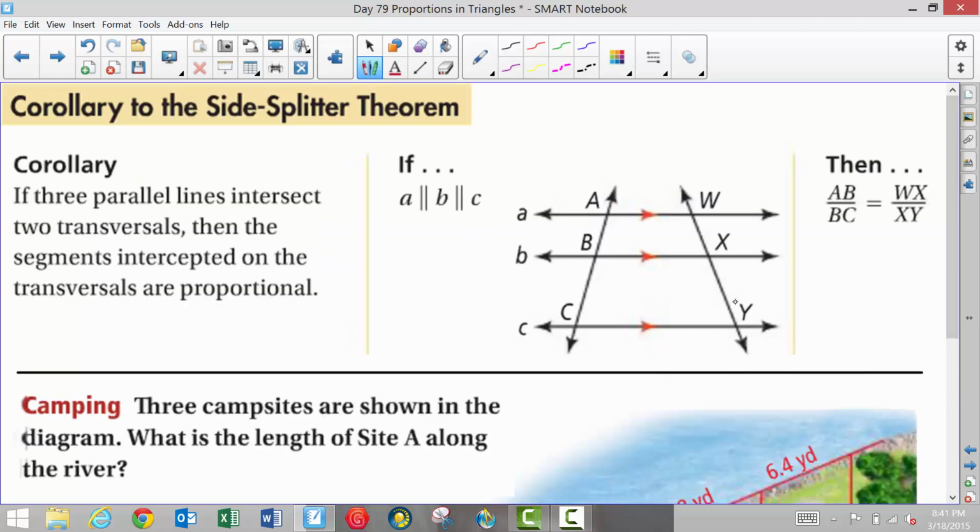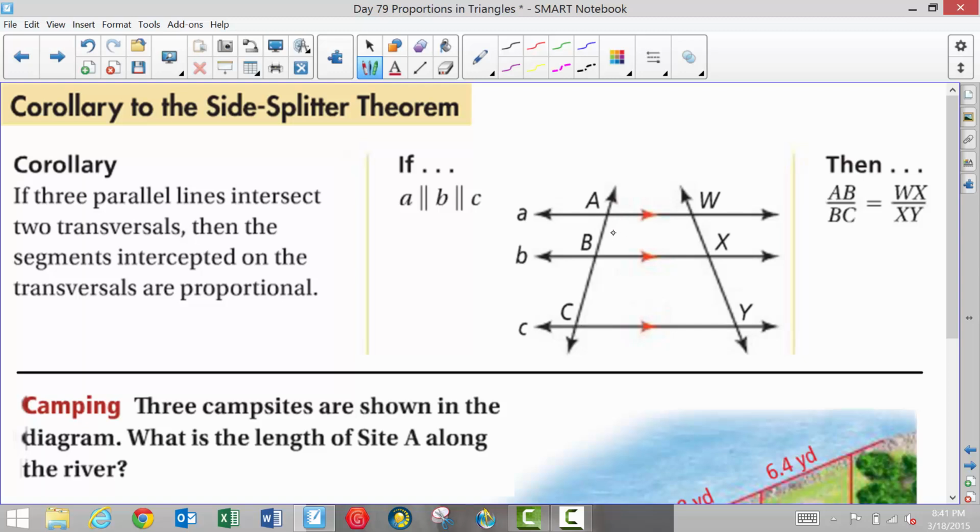You also have the corollary to the side splitter theorem. If 3 parallel lines intersect 2 transversals, then the segments intercepted on the transversals are proportional. So if I have 3 or more parallel lines going through 2 transversals, I know that I will have some segments that will be proportional.